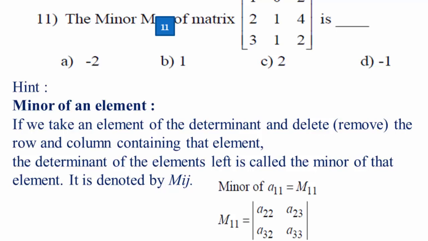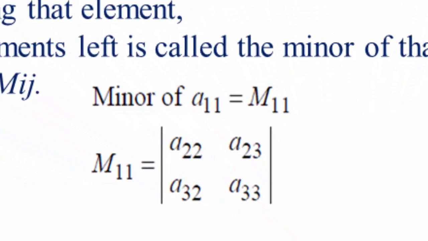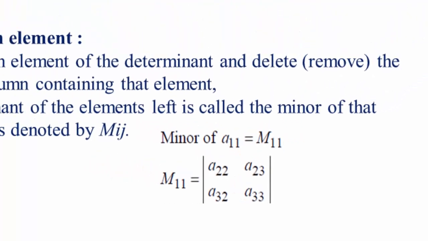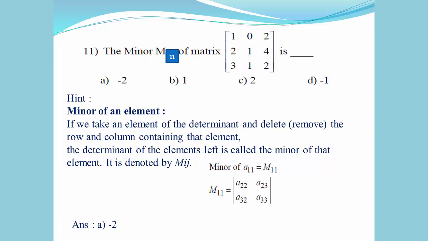Here the minor of A11 is M11, which is obtained by deleting the row and column in which A11, that is 1, is present. So, we obtain the determinant A22, A23, A32, A33. Therefore, the determinant of 1, 4, 1, 2 is equal to 2 minus 4, which is equal to minus 2. So option A, that is minus 2, is right.